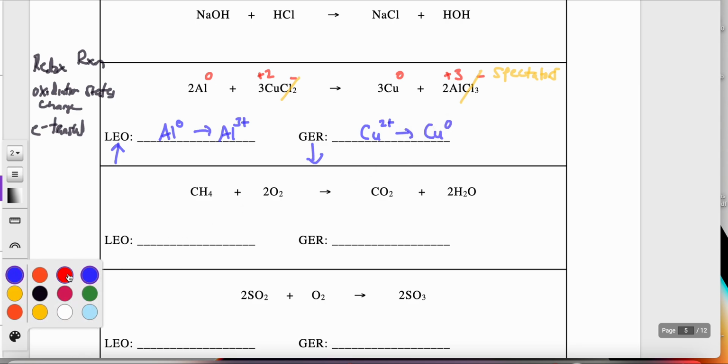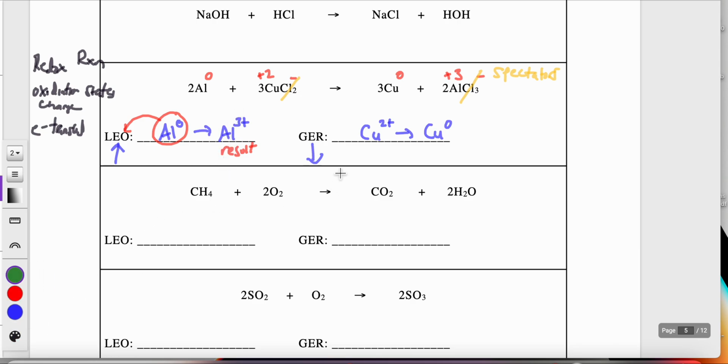Now, if I want to get really specific of what actually went through oxidation, that would be the Al0. This is what is actually oxidized. This is the structure that lost the electrons. The Al +3, this is the result of the lost electrons. This is formed when the structure loses the electrons.